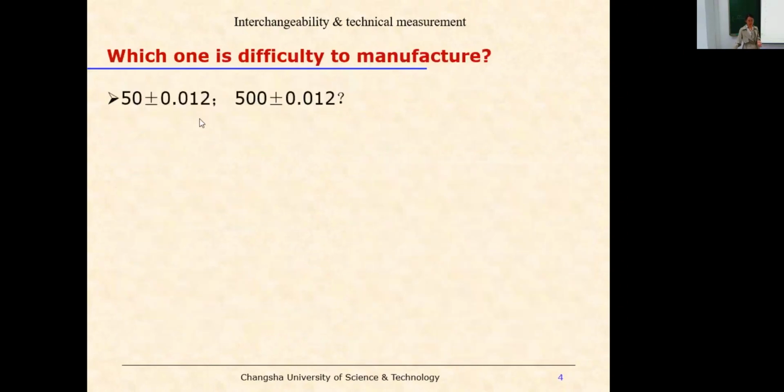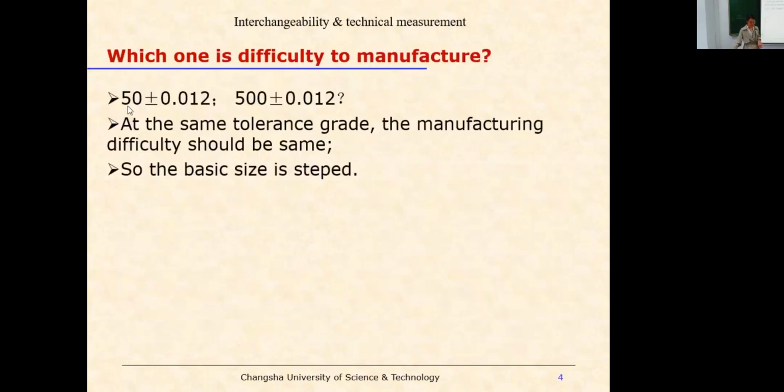Okay. So like this one, the basic size is 50, and its tolerance is 0.012. So this is difficult to manufacture, right? So the tolerance is relative to the basic size.